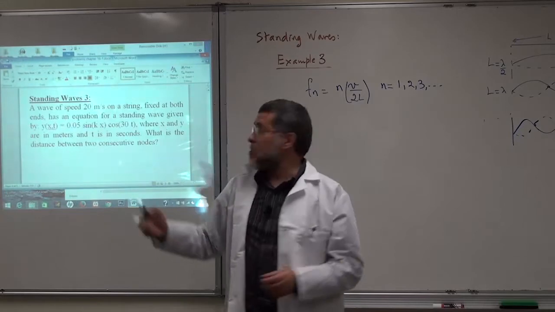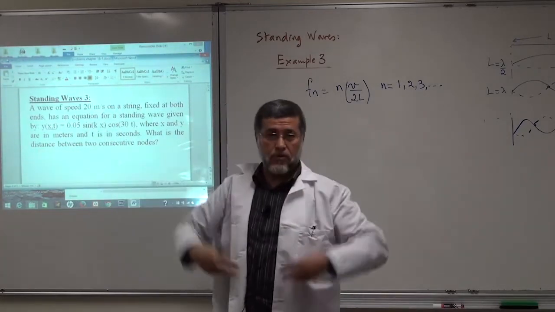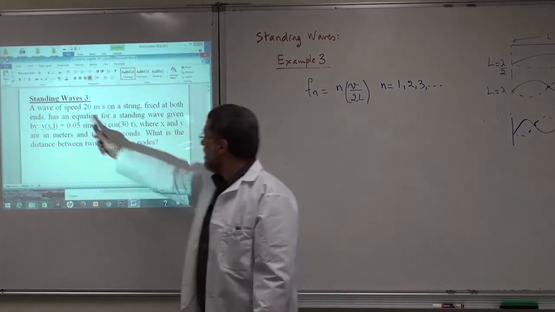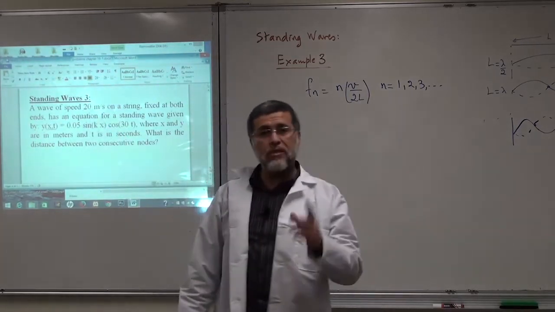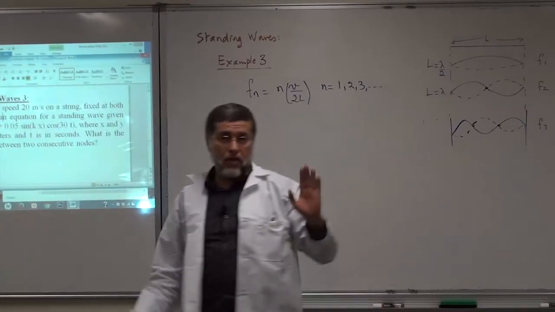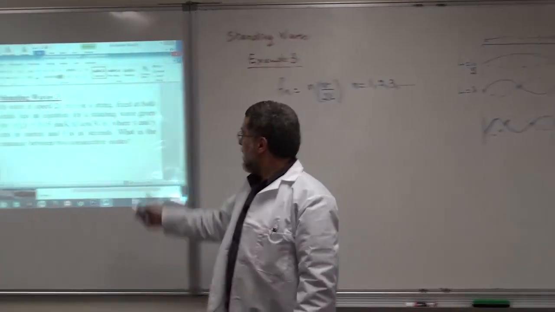Of course, this is not the speed of the resultant wave, but the speed of the 2 interfering waves, the 2 waves which are going to form the standing wave, okay? The speed is 20 meters per second because the standing wave actually is not traveling, it is standing. That's why they call it standing wave, okay?